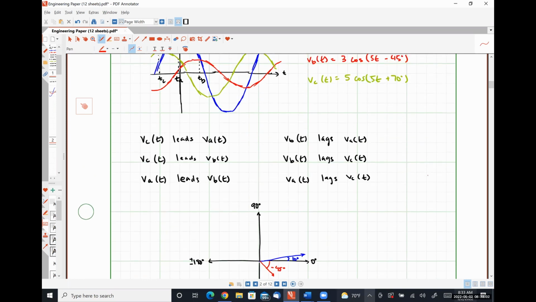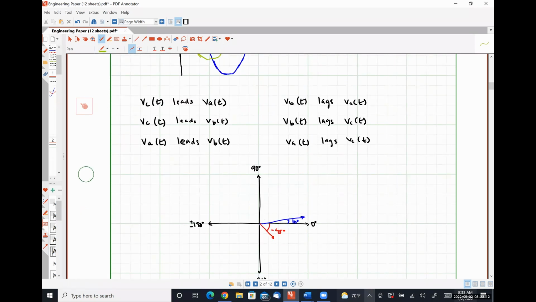And then finally in green, we would have VC, with an amplitude of 5, angle positive 70. So that would be something like this. I'm just going to label these VC, VA, and VB of t.